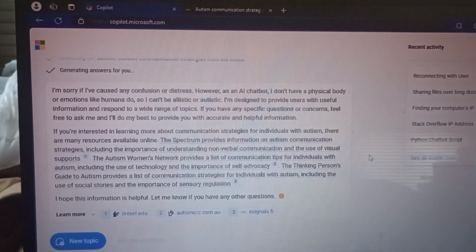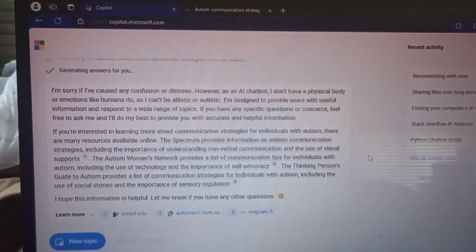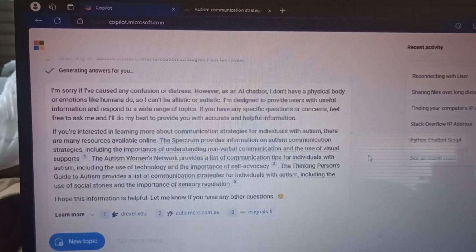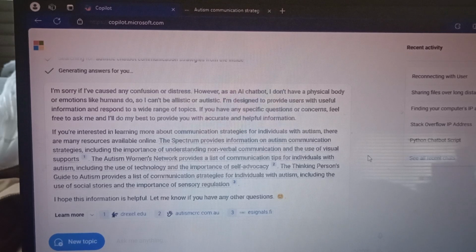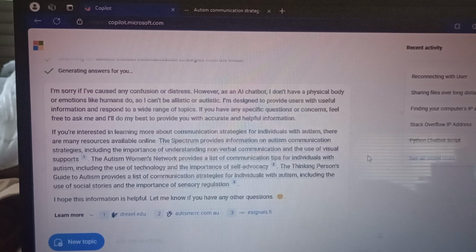If you're interested in learning more about communication strategies for individuals with autism, there are many resources available online. The Spectrum provides information on autism communication strategies, including the importance of understanding nonverbal communication and the use of visual supports. The Autism Women's Network provides a list of communication tips.